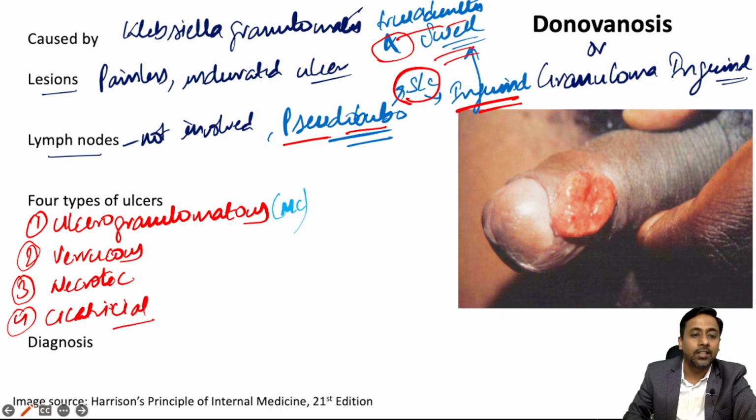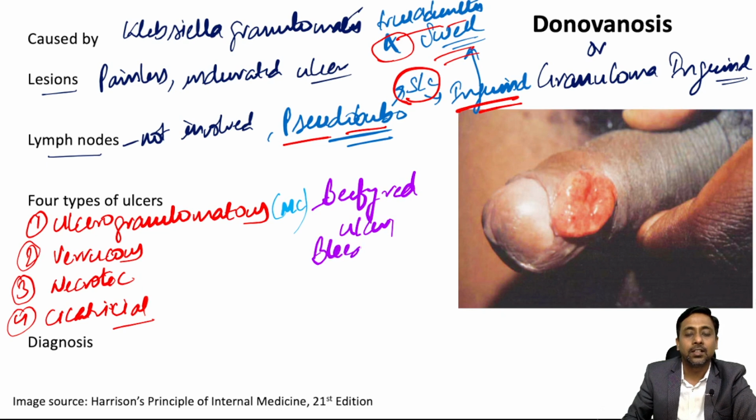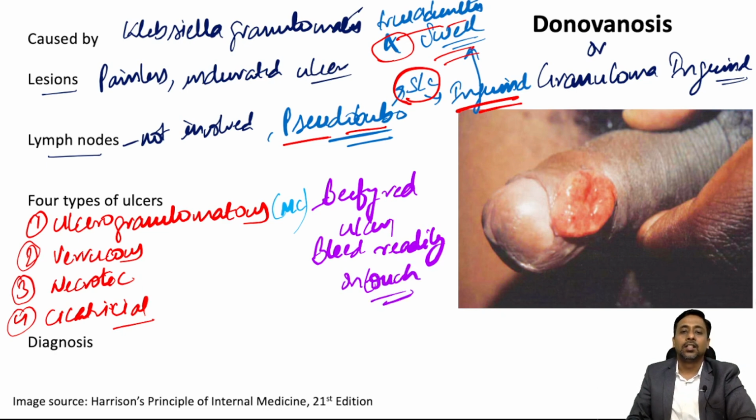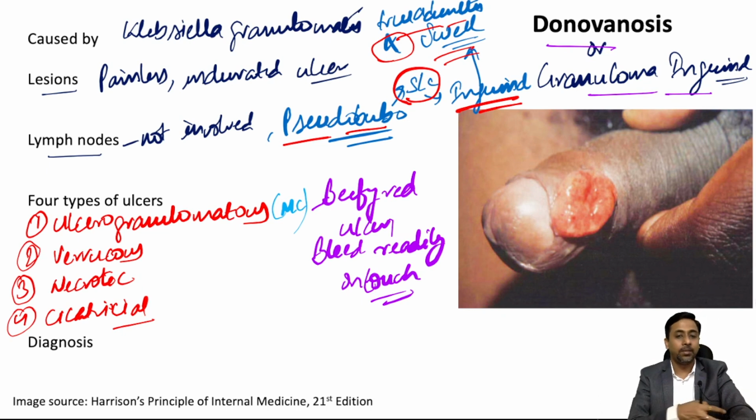And what will we find in this ulcerogranulomatous? The ulcer will look like a beefy red ulcer, and it will bleed readily on touch. So this is the characteristic of the ulcerogranulomatous ulcer seen in case of donovanosis or granuloma inguinale. Okay, beefy red ulcer that bleeds easily on touch.